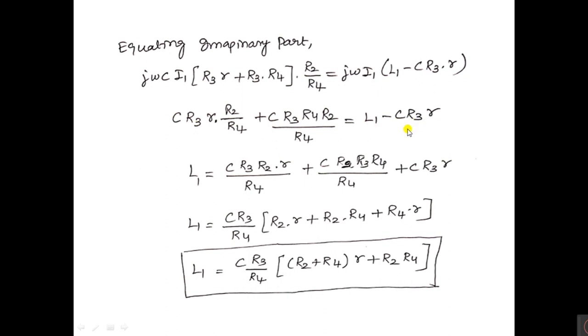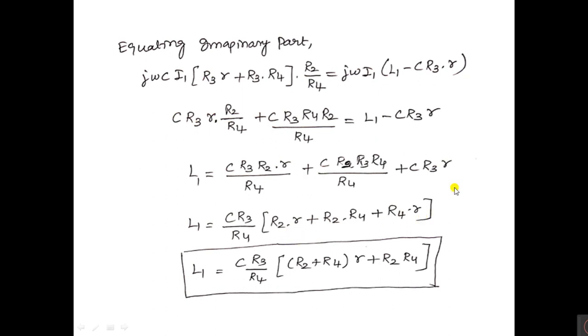If I bring this CR3r to the left hand side, I am getting L1 equal to CR3R2 into r divided by R4 plus CR2 R3 R4 divided by R4 plus CR3 into r. Here I didn't cancel this R4 R4 because I am going to take a common term. So in that case CR3 divided by R4, if I take as common term, I am getting R2 into r plus R2 into R4 plus R4 into small r.